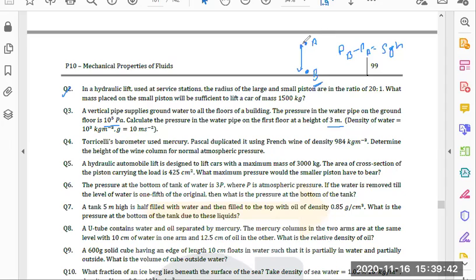Because B is higher up, pressure at B will be more, right? So PB is PA plus rho GH, but PB is given and you have to find PA. So PA is PB minus rho GH. Got it? Easy. So the third one is easy.